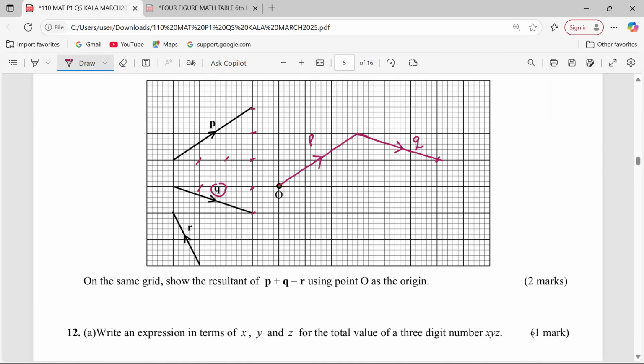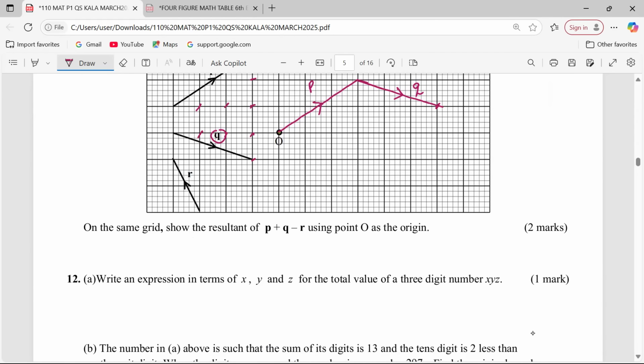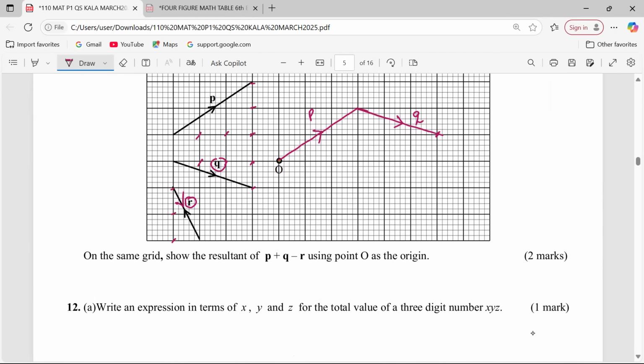Then we proceed to do what? To subtract R. Look at R. R is already 1 unit to the left and 2 units upwards. So when we reverse R, because we're talking of not plus R now, but minus R, it will be the same size, but moving in the opposite direction. Minus R means the same size, but in the opposite direction. So we shall attach the tail of R at the head of Q, such that now we start at Q, but we shall move only 1 unit to the right and 2 downwards.